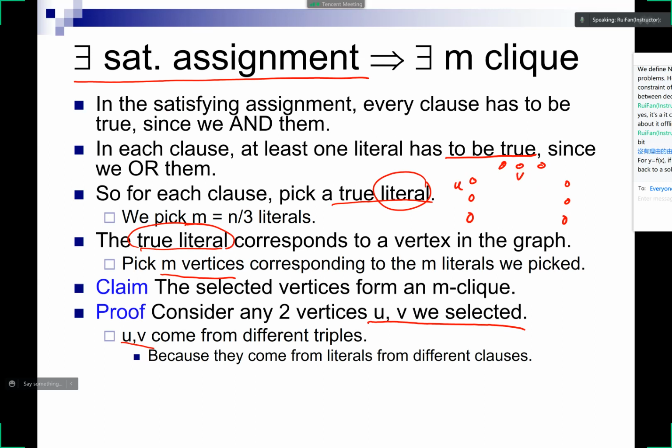So by the way we constructed the graph, we put an edge between these two vertices, because you put edges between any vertices which come from different triples and which are not negations of each other.